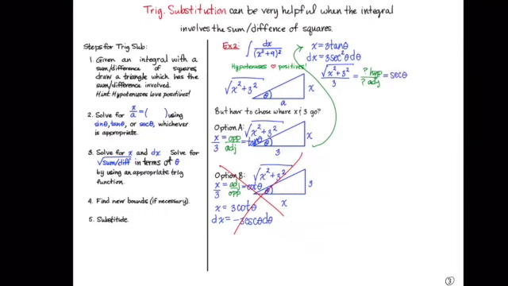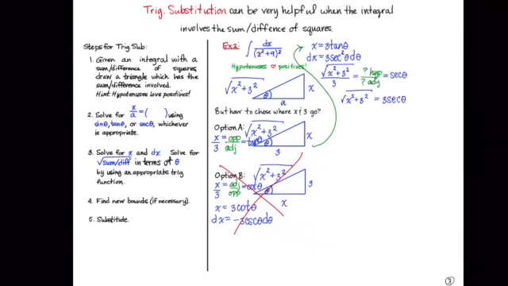And so that means if we solve for that square root, and we can multiply both sides through by 3, the square root of x squared plus 3 squared is equal to 3 secant theta. And you could at this point sub it in, but we don't have a square root of x squared plus 3 squared.